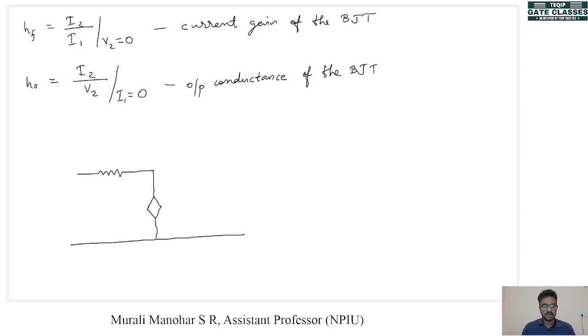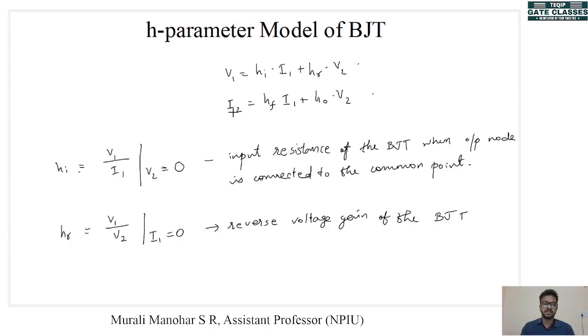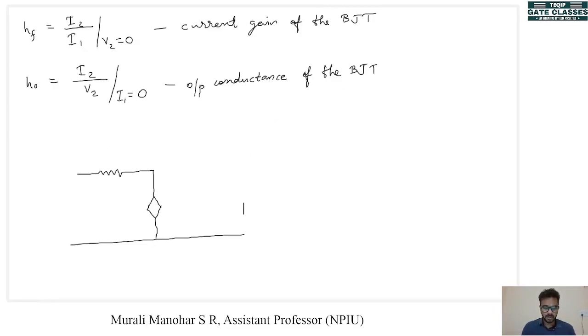and at the output side the current is given by HF into I1, meaning HF is a gain, so HF into I1 is a current controlled current source. So we have another current controlled current source here, and HO is an output conductance. So a better way is to draw it as a parallel conductance. Now this is the representation.